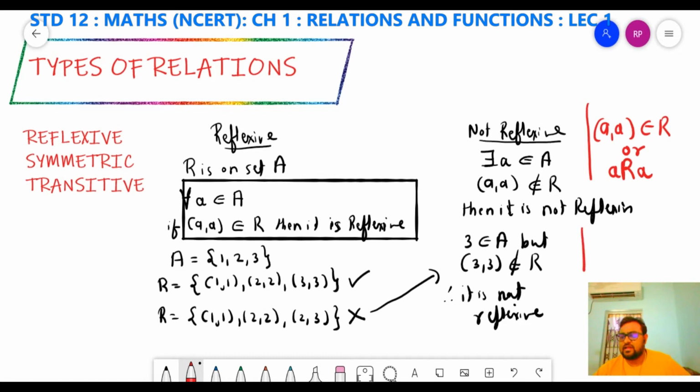If I am writing a R b, then this means that (a, b) belongs to R. So this is the short form. If you don't want to write down the complete form, you can write it in this way. Clear? So this was about reflexive. Just note down about reflexive relation, then we'll move to symmetric.